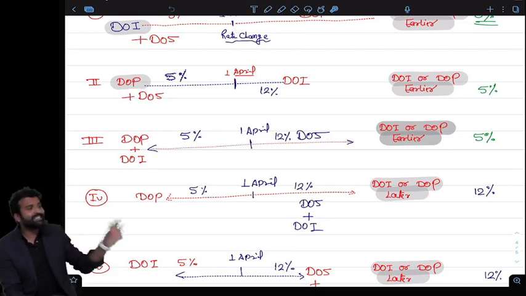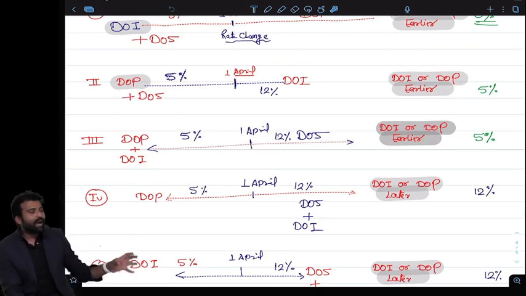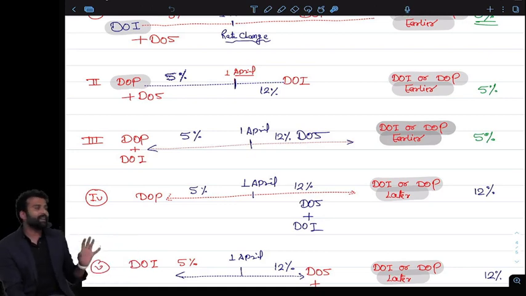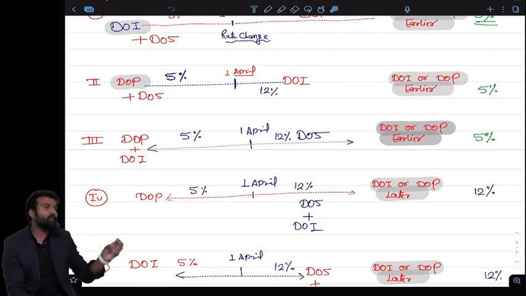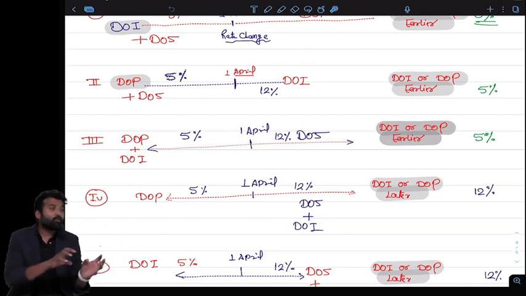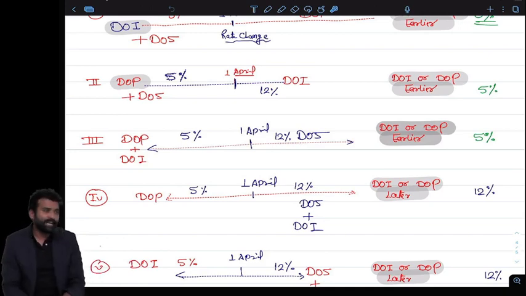The logic is in the weight only. So as per the logic, you just look at the weight. But if you want to learn the section, it says DOI or DOP, whichever is earlier. In some cases it is DOI or DOP, whichever is later. But the logic is weight. So I just told you the logic for deciding the rate of GST, which rate I have to apply. Okay.